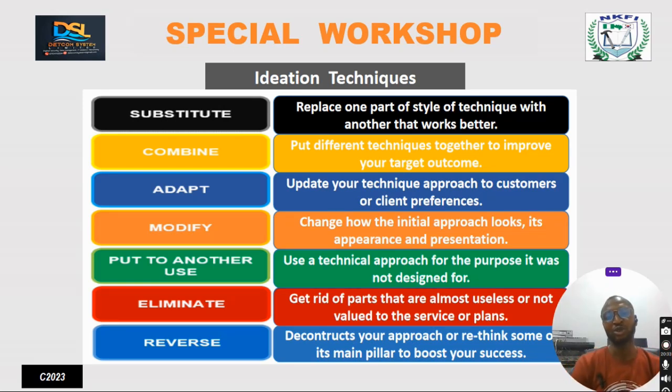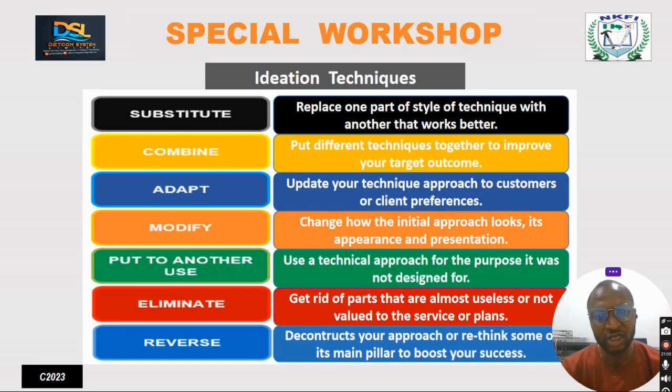So what you do, you have to adapt to what they want, what they need, what is sellable. If you are going into creation of content, which content is marketable. If you are designing a technical product, what technical product is suitable or sellable in a particular environment. These are the things that you need to adapt to.